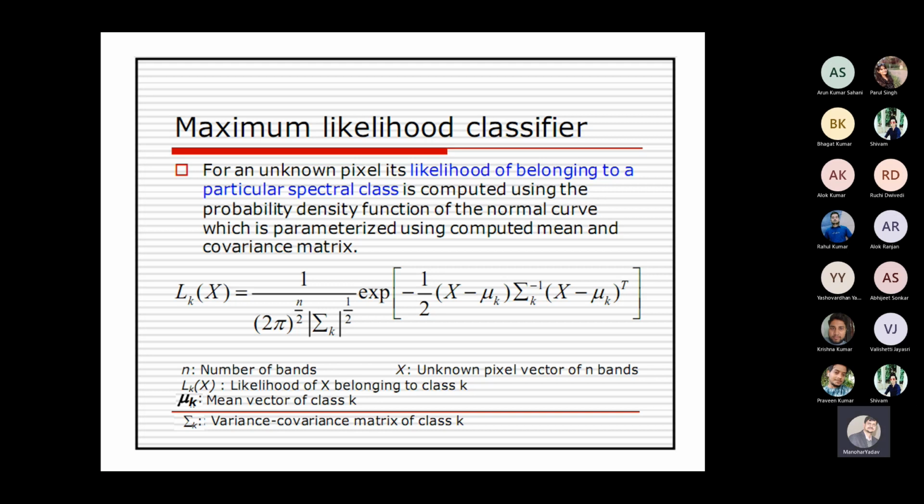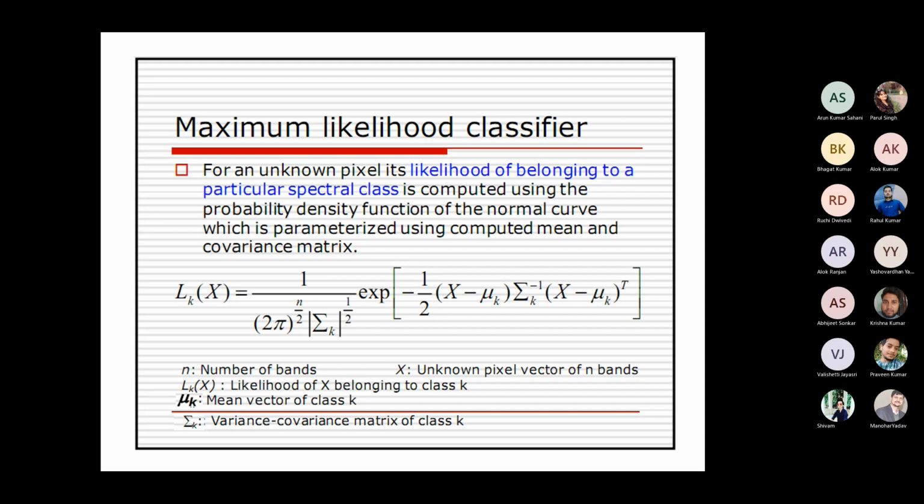This likelihood function is calculated for each class, considering an unknown pixel. On the right hand side, the unknown pixel is the variable, while mu k, the variance covariance matrix, and the number of bands n are known parameters, calculated from the training samples.